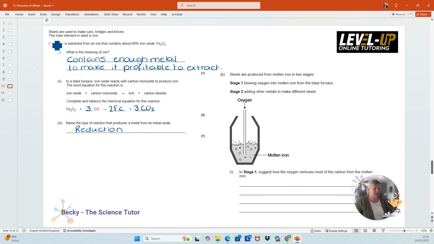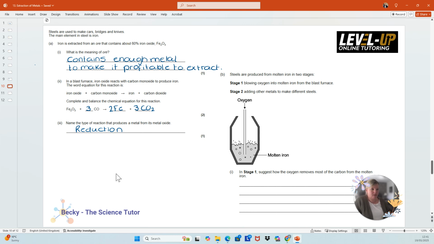In stage 1, suggest how oxygen removes most of the carbon from the molten iron, because we've used carbon to extract the iron, but now we've got that carbon in there. We need to get rid of that carbon. So if we react it with oxygen, we're going to form that CO2, and that CO2 will basically leave that reaction and leave us with iron on its own.